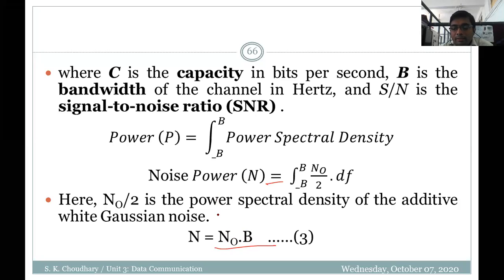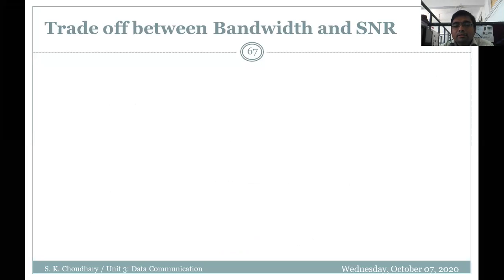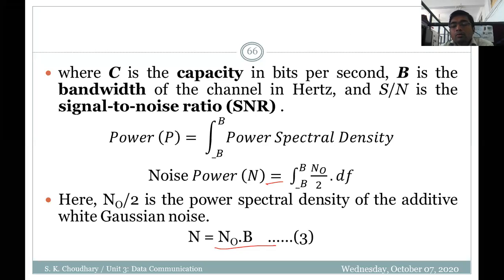Now we can rewrite the channel capacity equation. That is C is equal to B log base 2 of 1 plus signal power upon N naught B. If you see here, there are two important elements when we calculate the channel capacity.